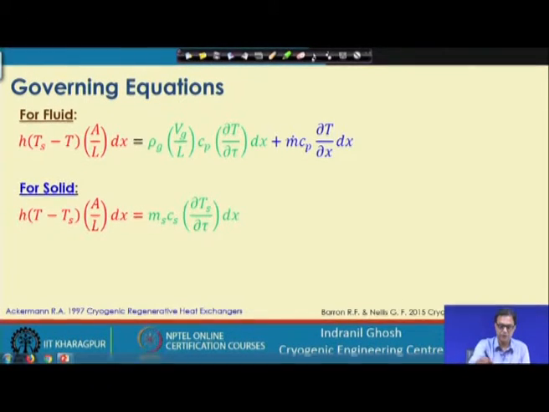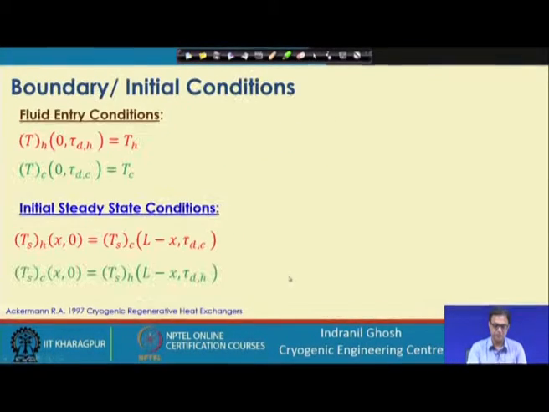And when we write any differential equation, particularly involving time and space, we have to use some kind of boundary conditions or initial conditions to solve this equation. So, these are the boundary conditions, the fluid entry condition, as we have written it here, as part of Ackermann's Cryogenic Regenerative Heat Exchanger book.